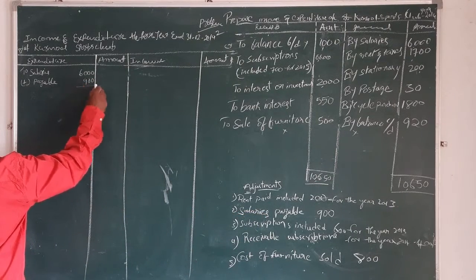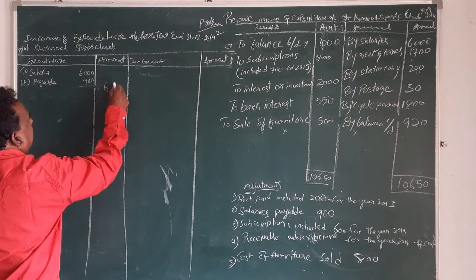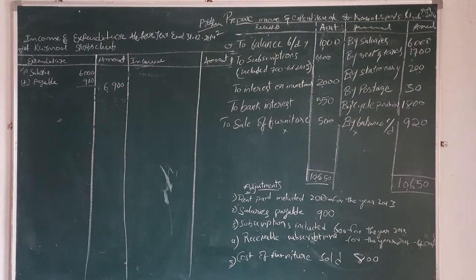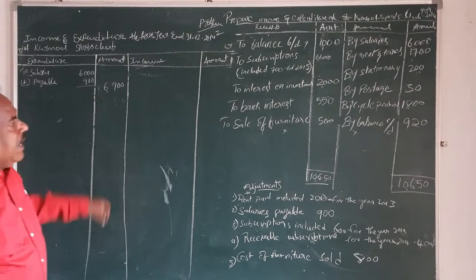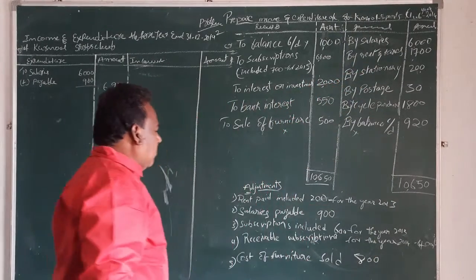Total salaries for the year 2014 6,900. Total salaries of the Kurnool Sports Club for the year 2014 6,900. Next, rent and taxes 1,700.